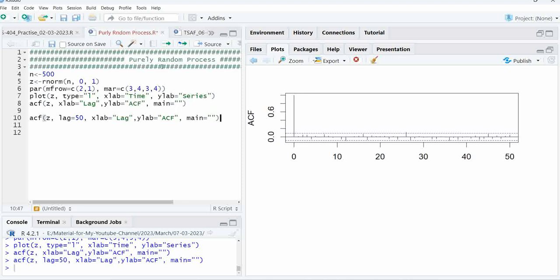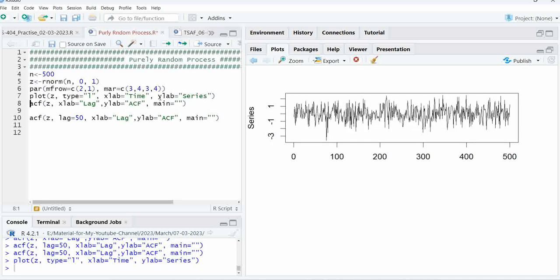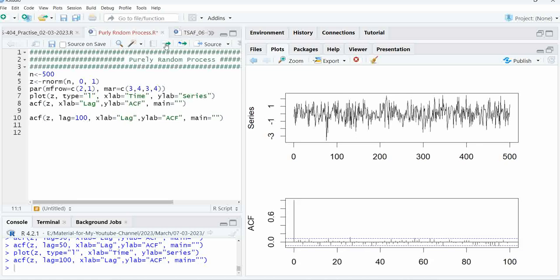Suppose I will draw the same graph for the series, this, and then you can increase this to 100 lags, whatever you like. So this looks like this. I don't like this because this is very congested. I think you can draw until 25 lags or 20 lags. That is enough.